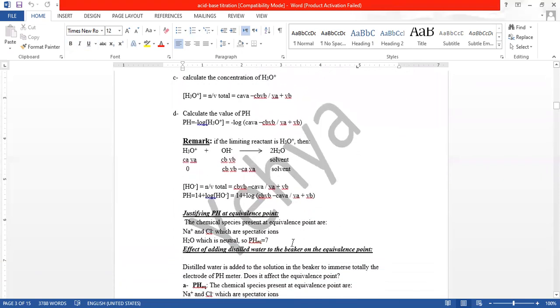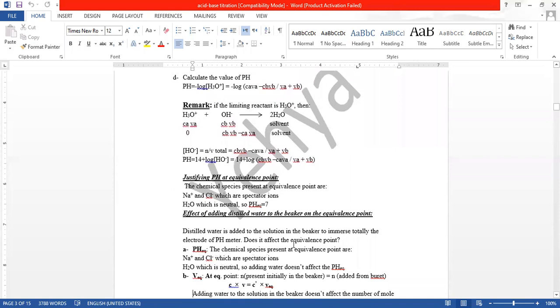هلا why pH at equivalence is equal to 7? This question is asked in many sessions.